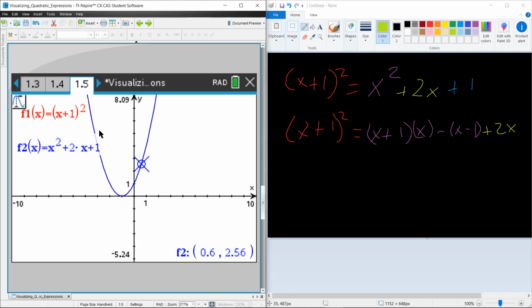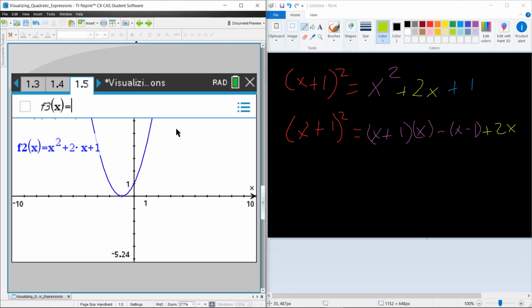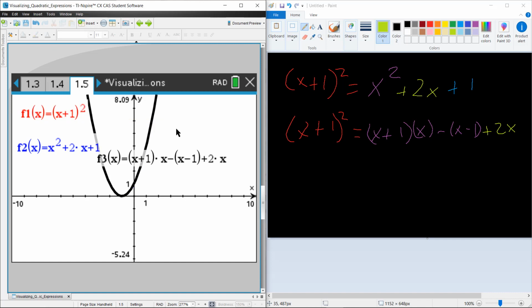And so if I go to our graphs page, I would expect that if I add that same graph here, so x plus 1 multiplied by the quantity x, subtract the quantity x minus 1, and add 2x to it, this graph will also land right on top of those other two.